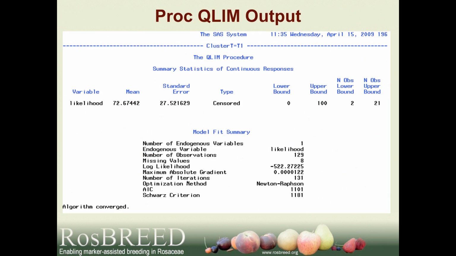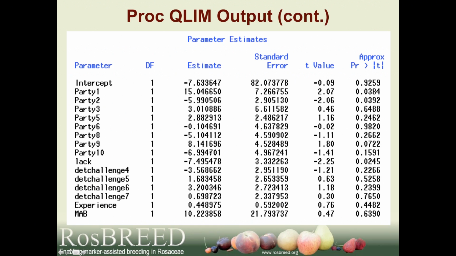So here is a part of the Proc QLIM output. First, the Proc QLIM gives us the summary of fitness, and here is the parameter estimate. So this is all part of the output for cluster 1.